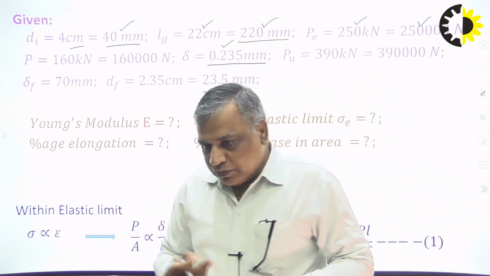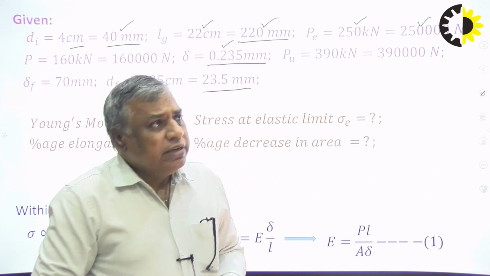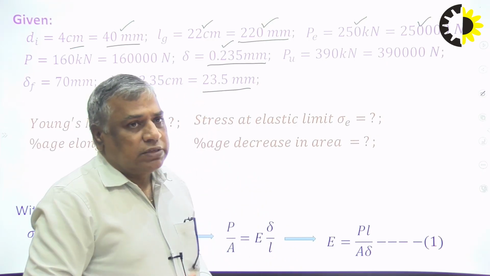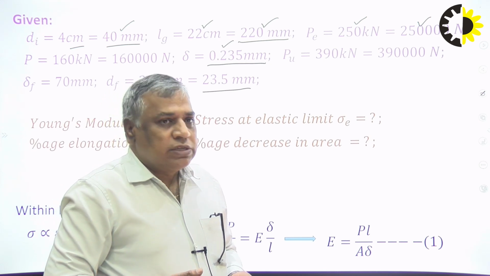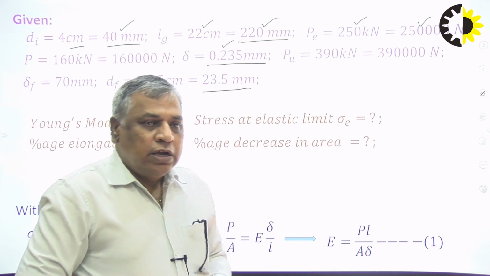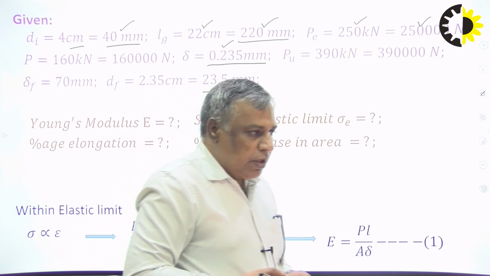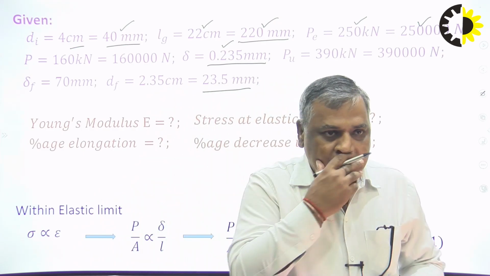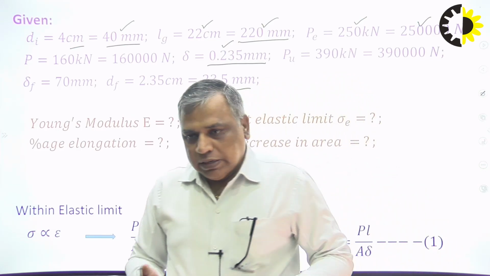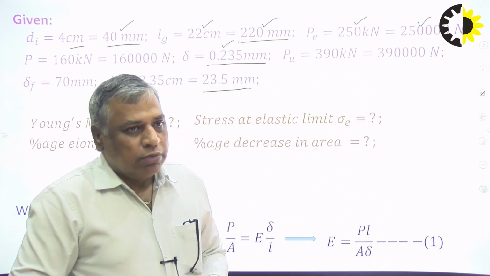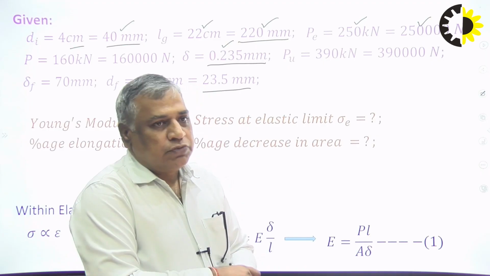When we write the units of modulus of elasticity, modulus of rigidity, bulk modulus, these units are normally megapascal, gigapascal. So Pascal is Newton per square meter, or megapascal is Newton per mm square. Directly, if I get the answer in Newton per mm square, 1 Newton per mm square is 1 megapascal.